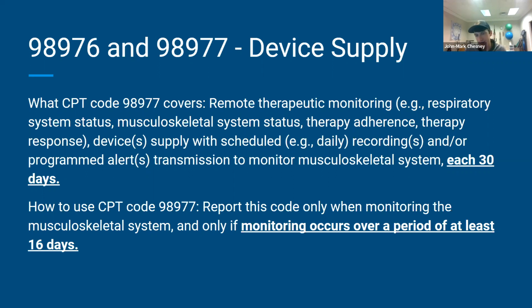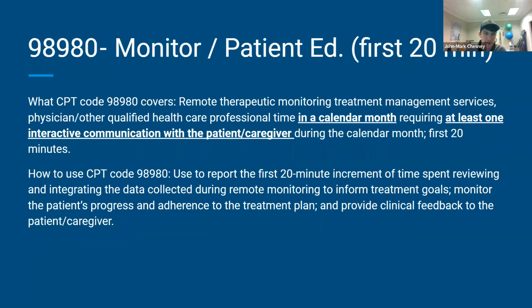And this is where it can start to get a little confusing. 98977 is based off of a 30-day period. When we go to the time-based codes, which are 98980 and 81, these two codes are based off of a calendar month. And so it can get a bit confusing remembering what is tied to what.